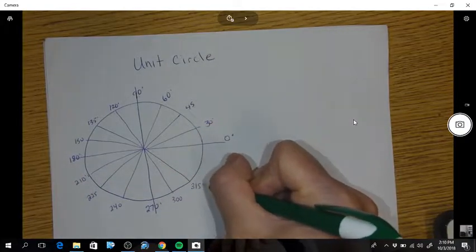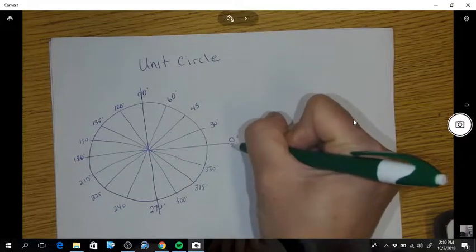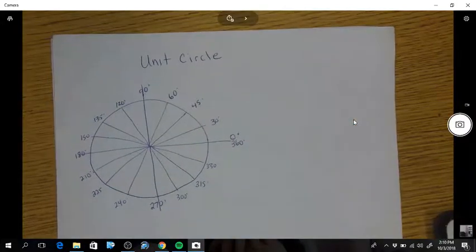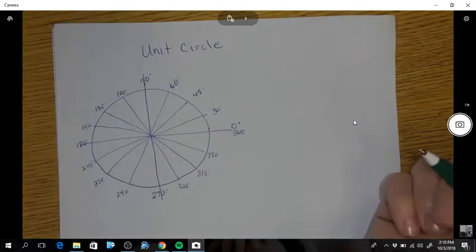Then we're at 315, 330, and then back to 360. Okay, so you need to be able to label that on your unit circle, all of those angles, creating that pattern.